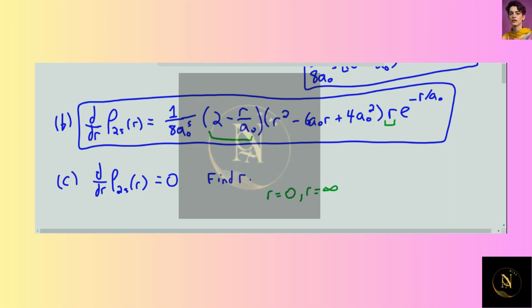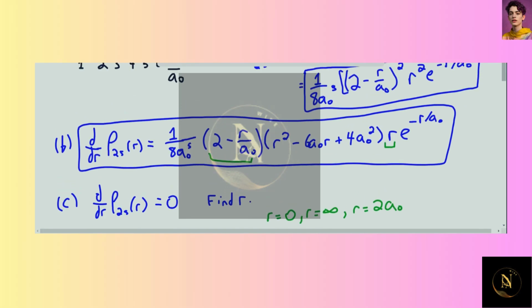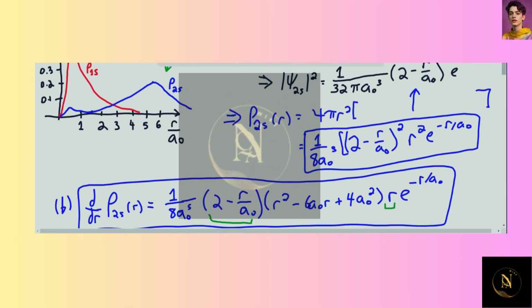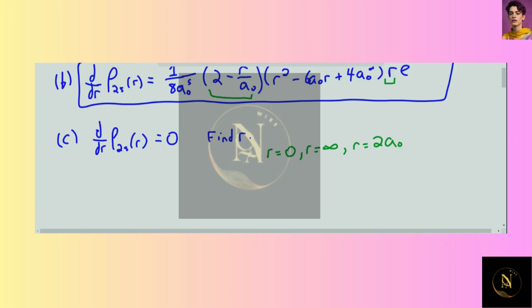So that is r equals 2 times a naught. So these are the minima. And then this is a quadratic equation, so those are going to be the maxima.